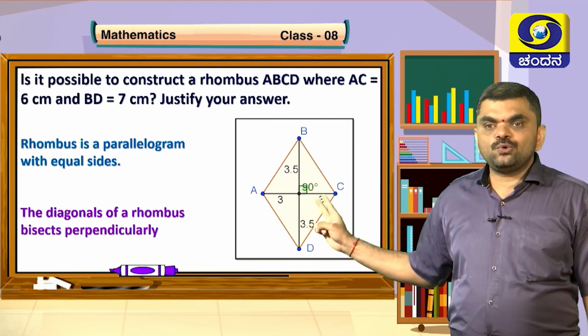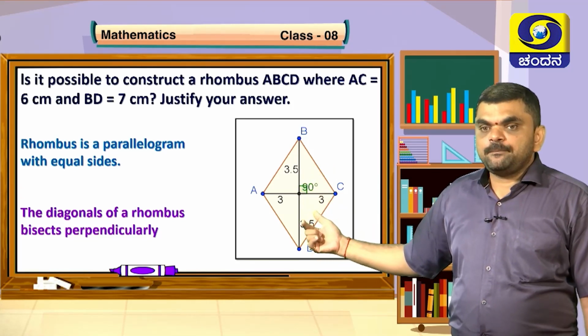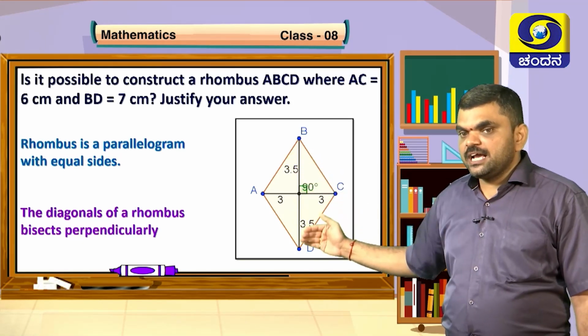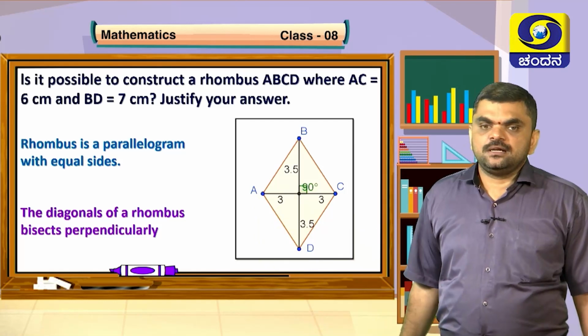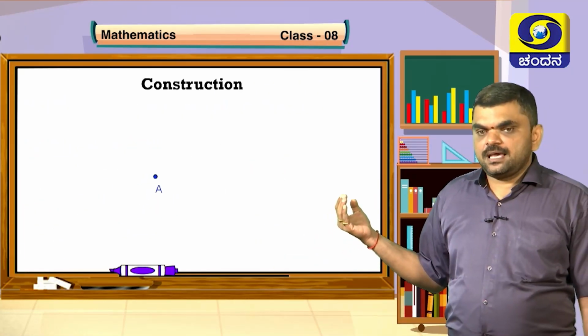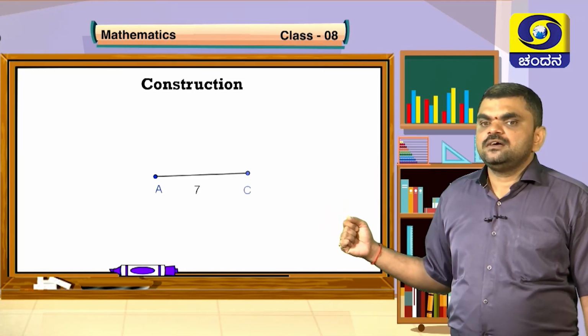When they give 2 diagonals, the lengths of the 2 diagonals are given. They bisect perpendicularly, that is 90 degree, and they bisect each other equally. Observe here, children, first I will take AC, draw 7 centimeter.